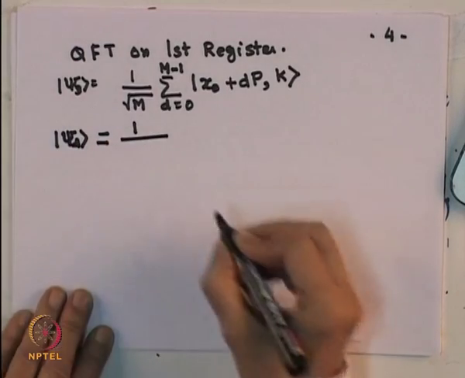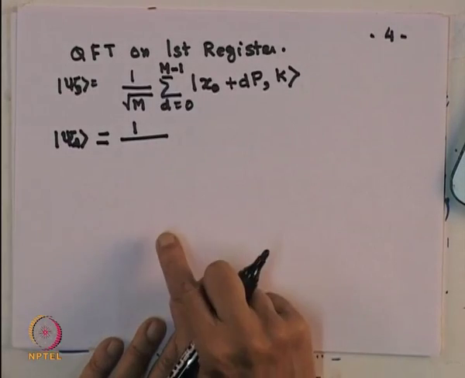So now QFT is being done on the first register, which has q number of elements.